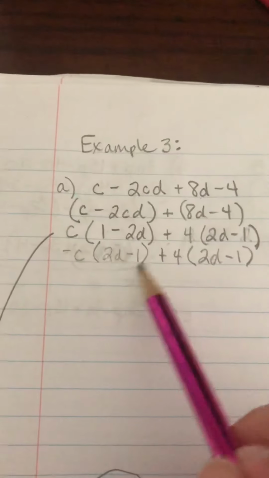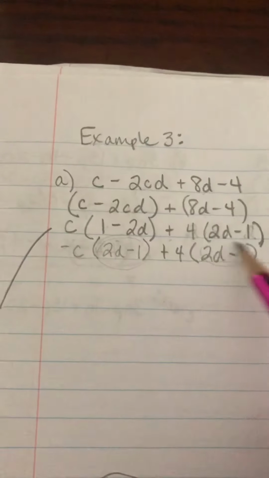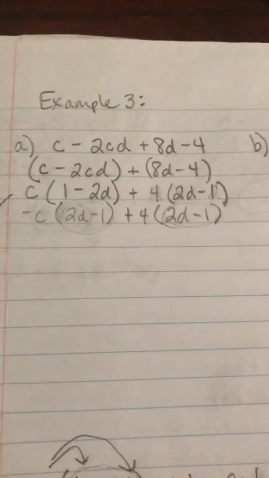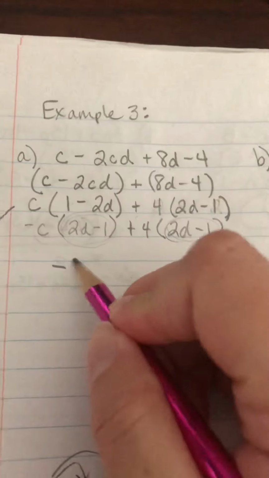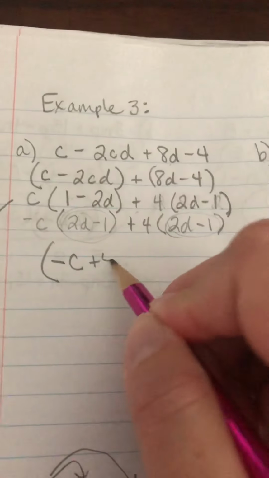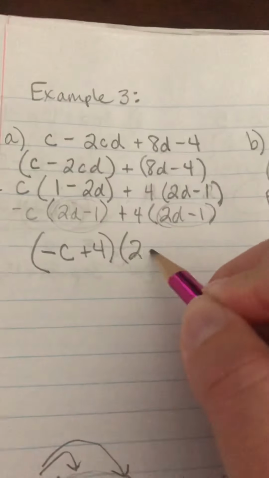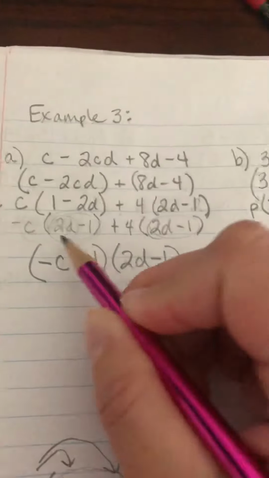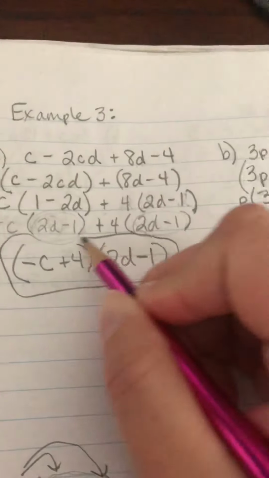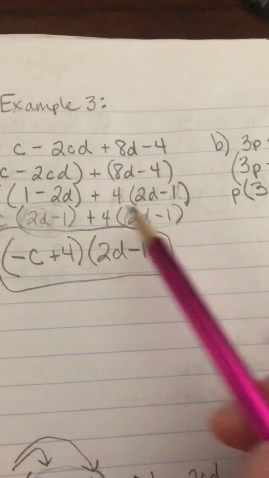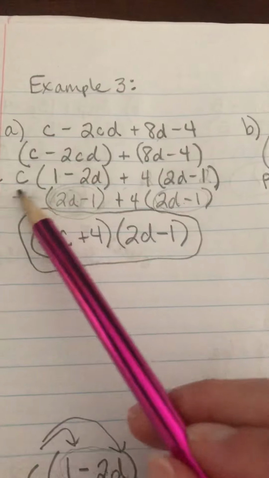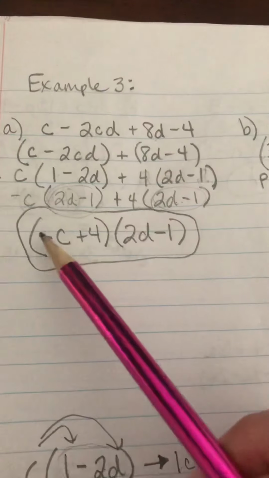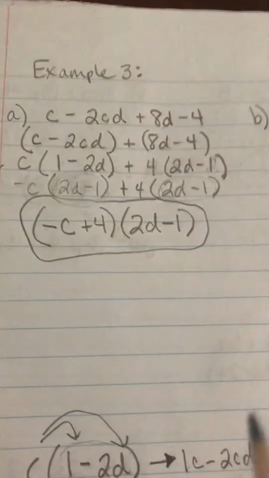So see how they both have 2D minus 1 now? That's what you need to make sure you have before you keep working. So then if we just do what we've been doing, you can write it like this. Because they both have that common factor of 2D minus 1. And you're just, again, taking the two things that you factored out and putting them into a binomial too.